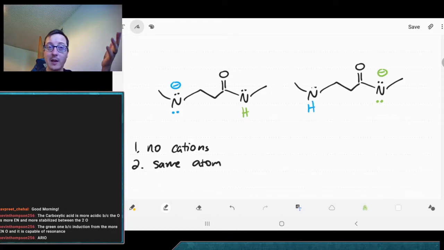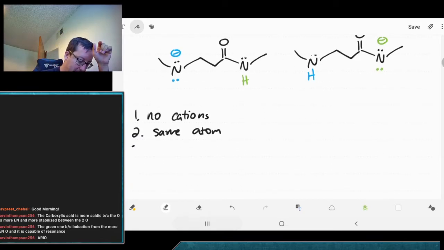They're also located both on nitrogens. So neither of them are cations. They're the same atom.